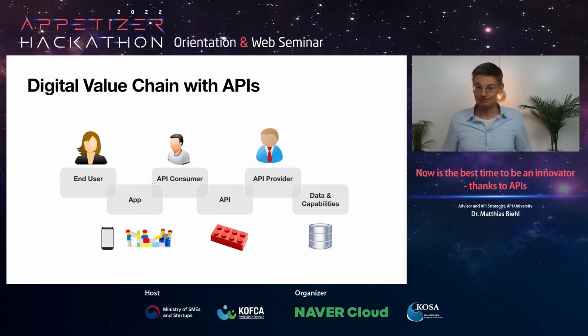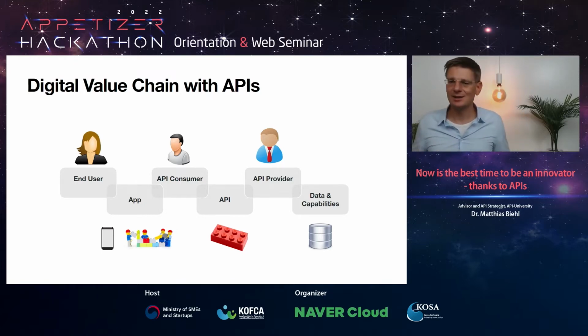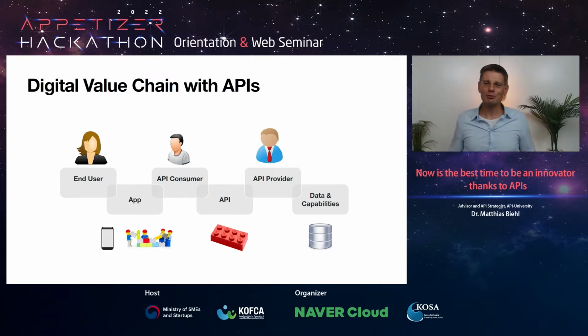That's the value chain. Now in this value chain, value is mostly created on the side of the API provider, right? So he has value due to the data and capability.